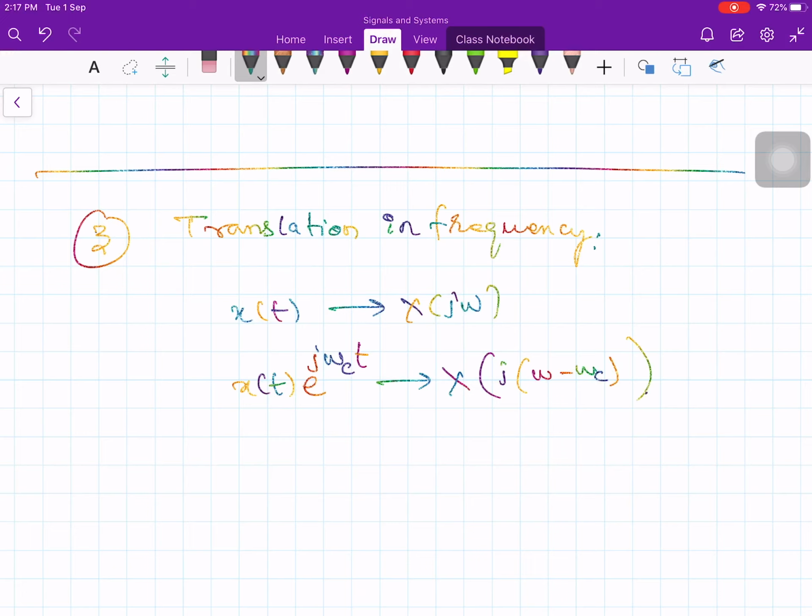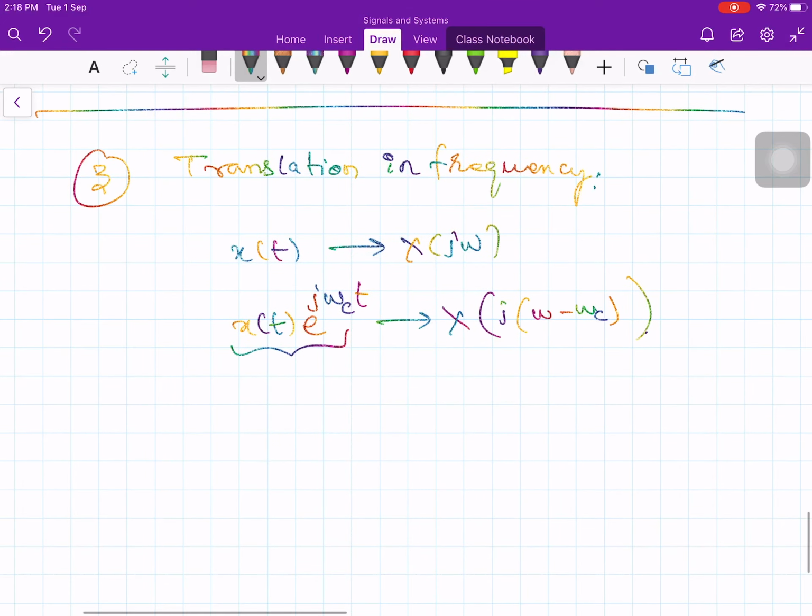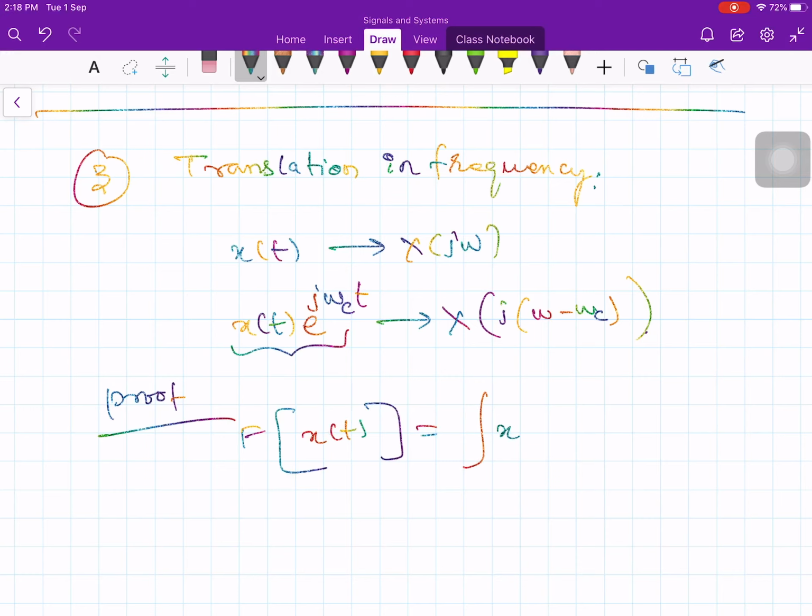In fact, this is a very, very important property. So we would like to find out what is the Fourier transform of x of t multiplied by e to the j omega ct. Now we know the definition, the Fourier transform of x of t is equal to the integral of x of t times e to the minus j omega t times dt, and the limit is minus infinity to plus infinity.